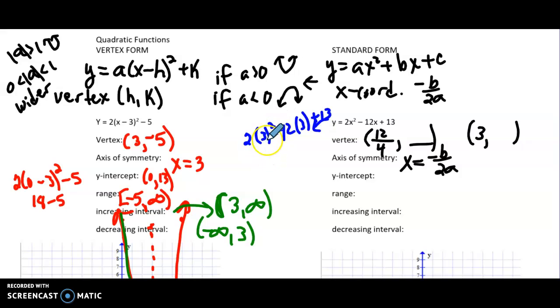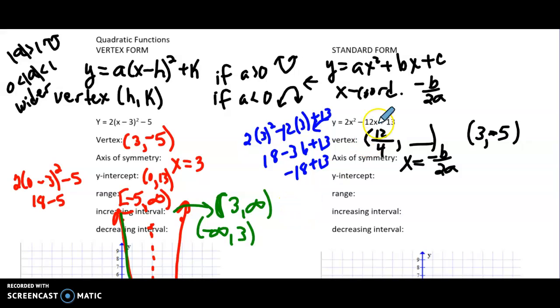That gives me, what, 3 squared is 9 times 2, 18, minus 36 plus 13. 18 minus 36 is negative 18, plus 13 is 5. So my vertex is at 3, negative 5. Negative 18 plus 13 is negative 5. Notice it's the same parabola.